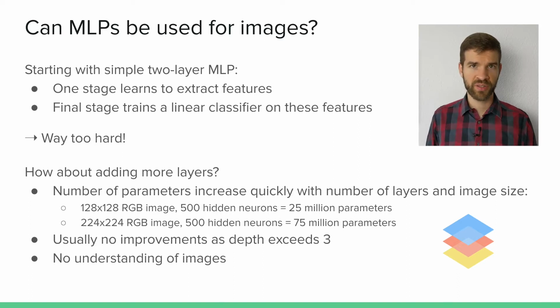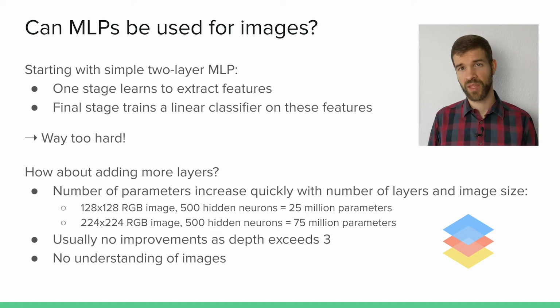And most importantly, think back about the first part where we said we use this MLP for images. How do we get an image into this? I said that we could flatten the image into a one-dimensional thing. But think about what would happen here.